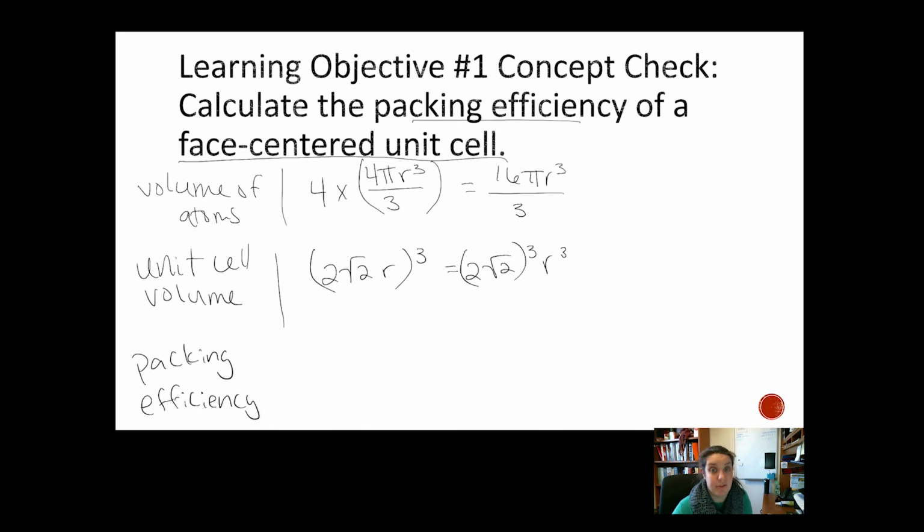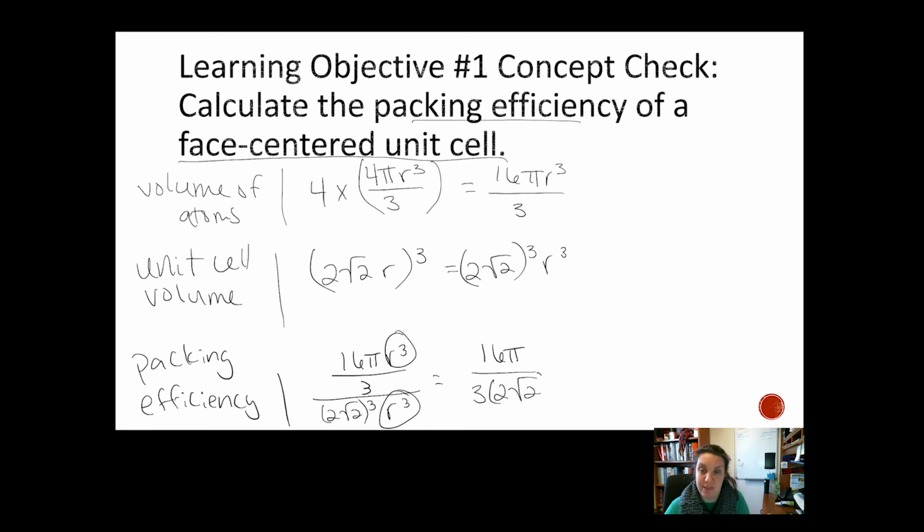We're just going to take the volume of our atoms divided by the volume of our unit cell and divide it out to get our packing efficiency. So there's the volume of our atoms, the volume of our unit cell, and as I said, we have r cubed for both, so those will cancel out, giving us 16 pi over 3, and we get this value right here.